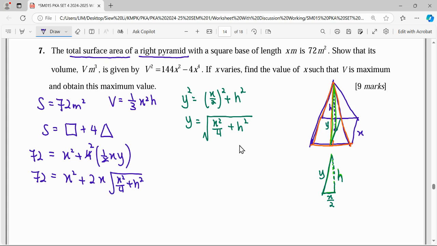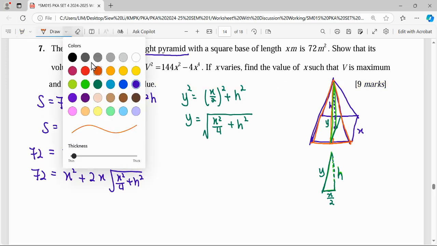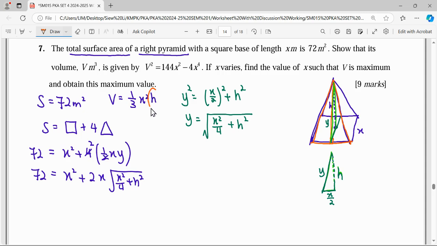So actually what do you want to find? Done until now, you remember what you want to find? Actually we want to find out what is our h. Done so much, forgot already. Actually we want to find out our h. What can be substituted for h using the surface area?